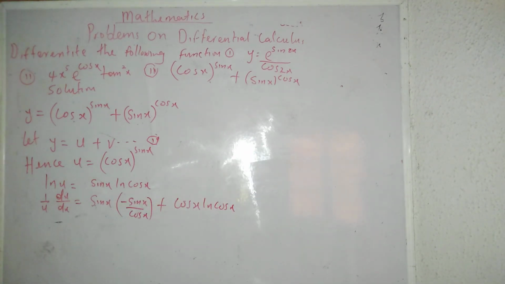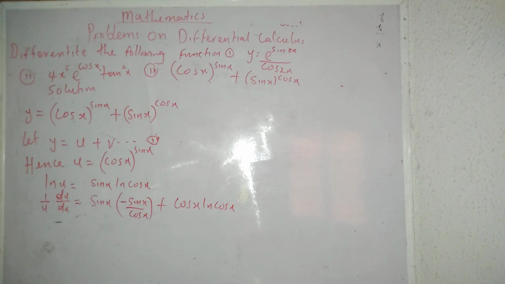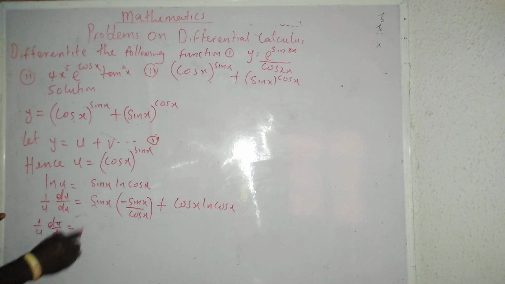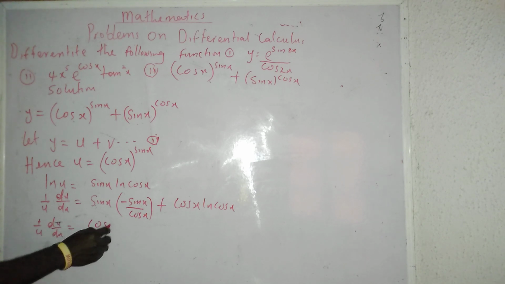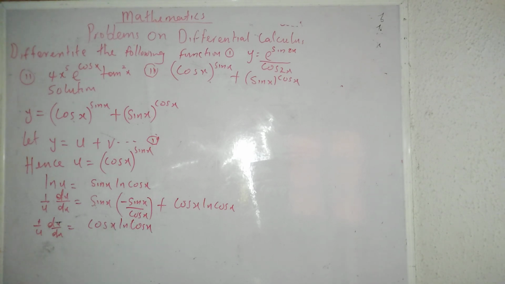Now, after that, I can simplify this. This and this, is there anything that can come up? Yes. I can turn it to 1 over u du/dx equals cos x ln cos x.